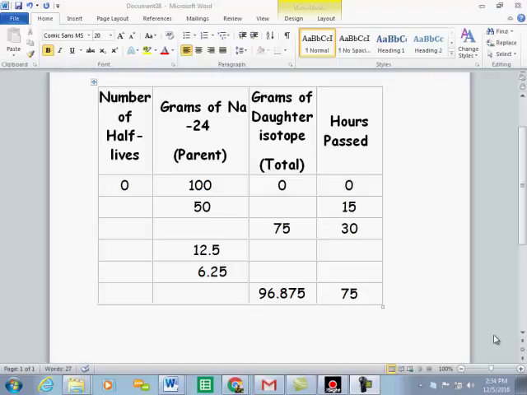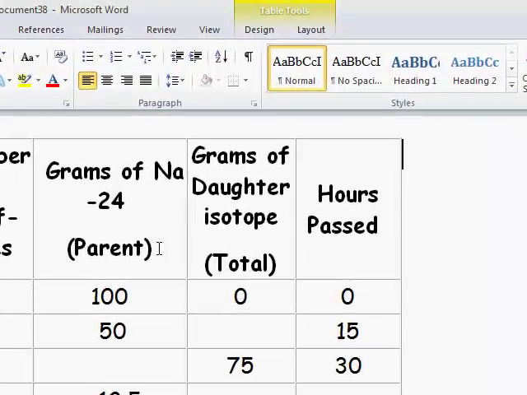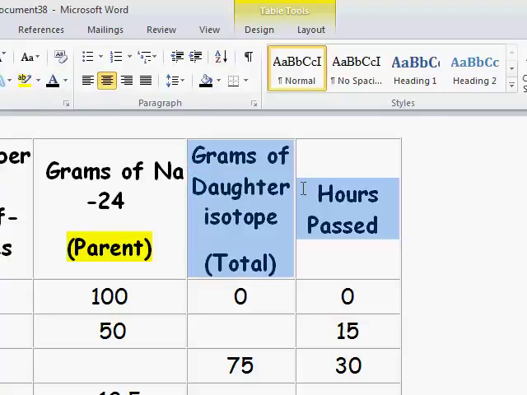Remember, a radioactive isotope gives off particles and energy, or radiation, as it's decaying. So we have the parent isotope here, decaying, and the daughter isotope, the stable one. The parent is changing into the stable daughter. Now, once it's a daughter, it will not decay anymore, and it will not turn into anything else.